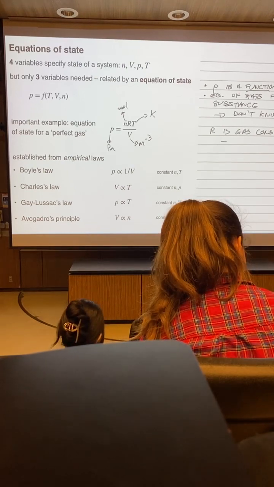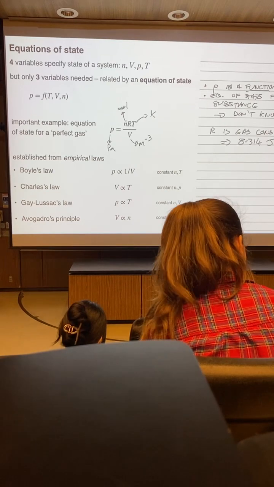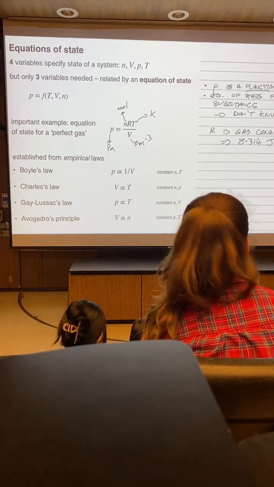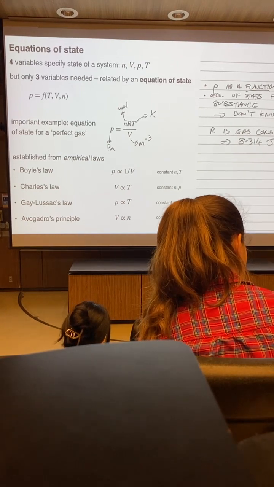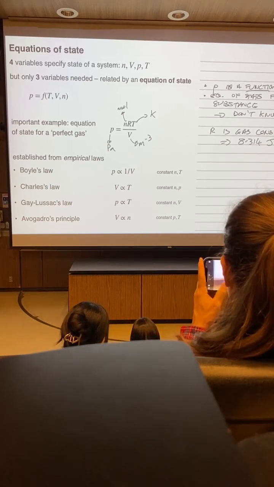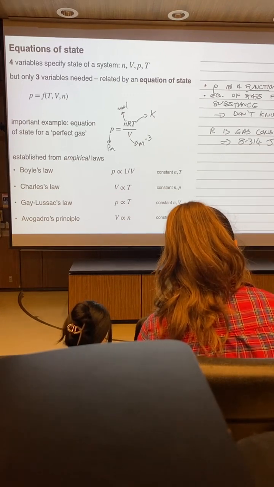You're probably familiar with that, having a value of 8.314 joules per Kelvin per mole. The gas constant, as far as we're concerned, is a fundamental constant. It's just one of these things that is fixed.